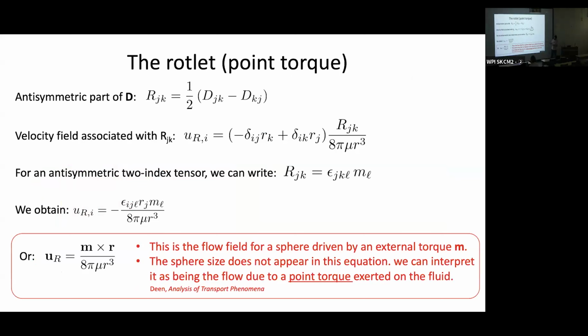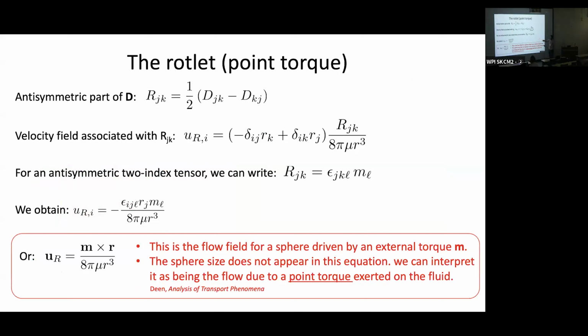We had also this piece of the D tensor. Remember, D was negative F little d for the point force, or it's a force dipole. This was the anti-symmetric part of that tensor.